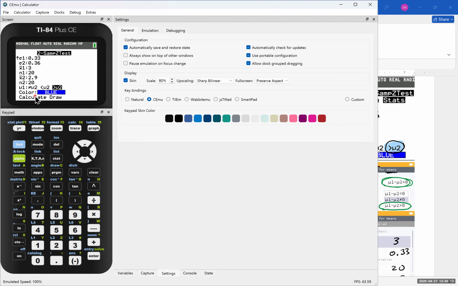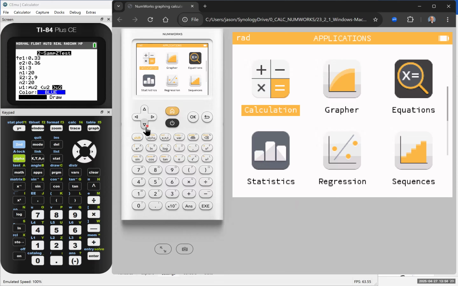Then I'll be able to come down here and hit calculate. Before I do that, I'm going to leave this up because I can use these same values on the NumWorks calculator.